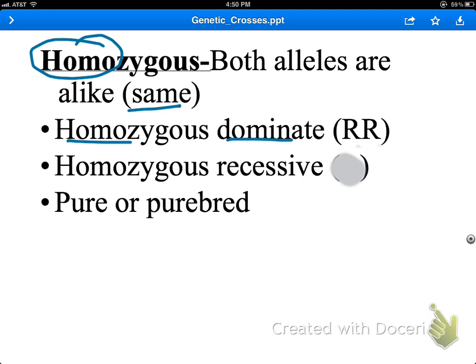So notice I switched the letter used, but the notation is the same of using two capital letters. If it's homozygous, it's going to be the same, but the recessive tells us that they're both going to be the same, but recessive, which remember we use the same letter, but two lowercase letters. Other words that mean homozygous is the word pure or purebred. So this is a synonym for that.